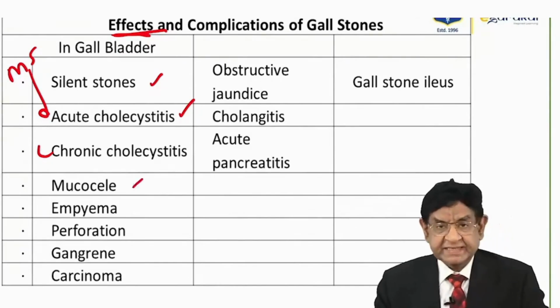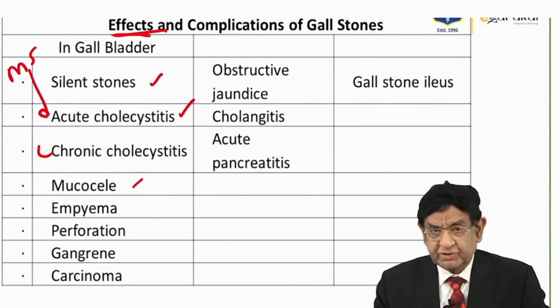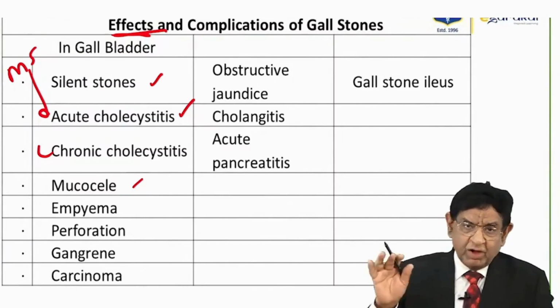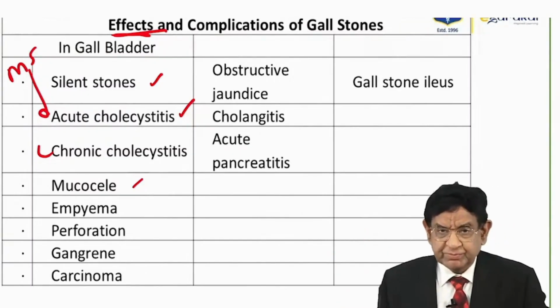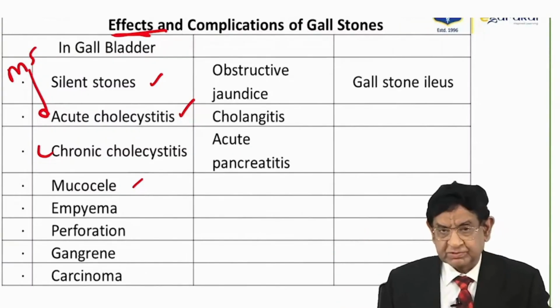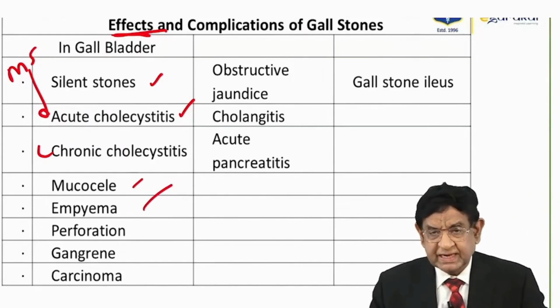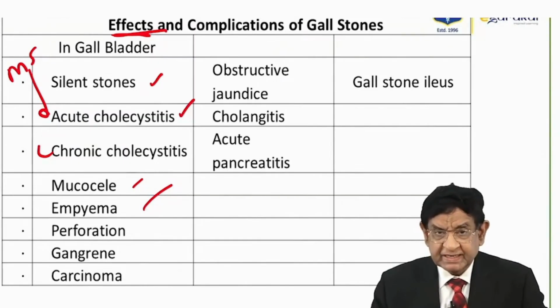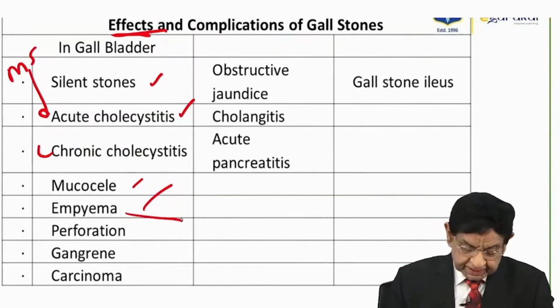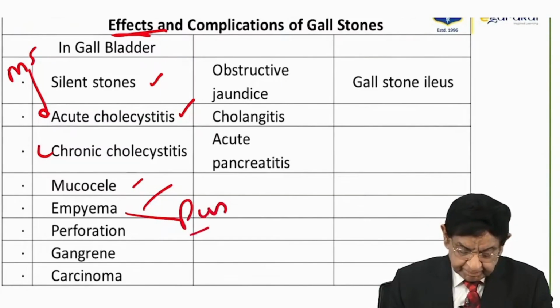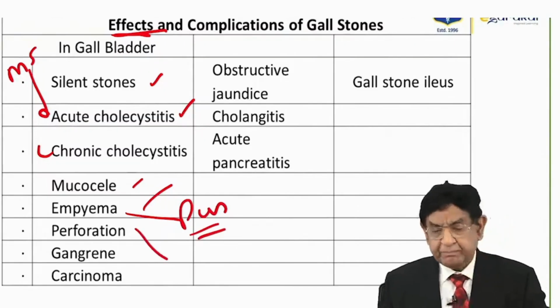Mucocele formation. I discussed the basic pathophysiology: the gallbladder secretes a large amount of mucus, and if the duct is blocked, the large amount of mucus will lead to mucocele. I'll talk more about this also. Empyema: sometimes even the mucus gland gets infected with bacteria, then mucus gets converted to pus, what we call empyema. It can perforate.